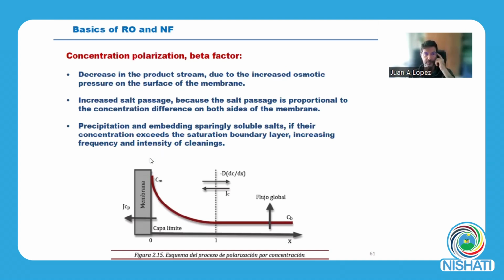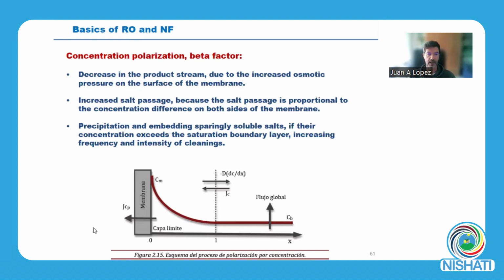Okay. Also, something similar happens with the salt passage. Since the salt passage depends on the difference of concentrations at both sides of the membrane, it is not the same when we have this concentration like this one.